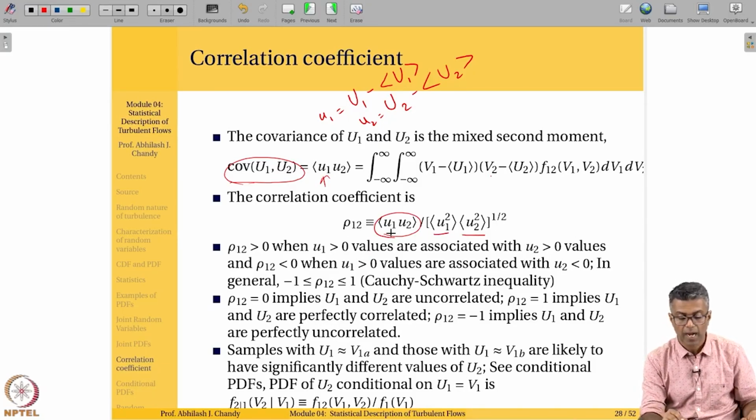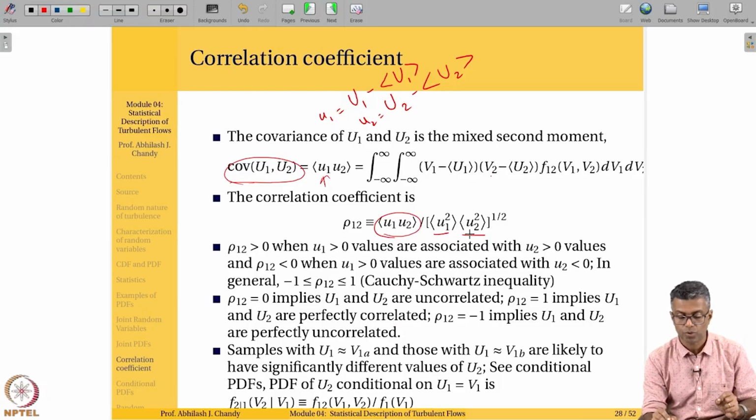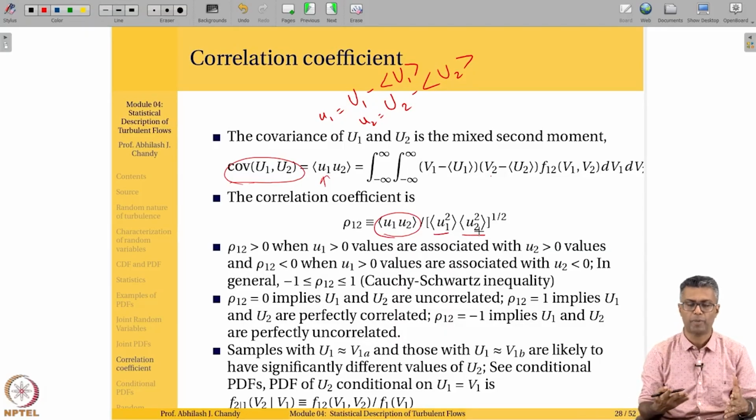So you have the mean of u1 u2, which is the covariance, and then divided by the variance of each variable separately, u1 squared times u2 squared, and because both of those are multiplied together, we are taking a half power so that it becomes non-dimensional, so to speak. So this is a correlation coefficient. It's basically a normalized value of the covariance.